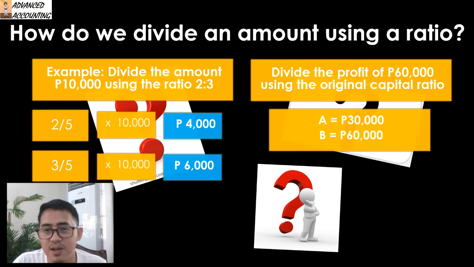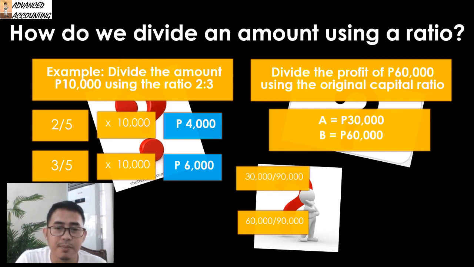As we discussed a while ago, A's original capital contribution is 30, while B's original capital contribution is 60. We will use that ratio. So the first number will be 30,000 over 90,000, and the second number will be 60,000 over 90,000.